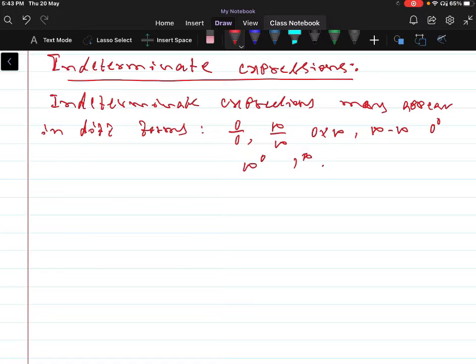So these are the different indeterminate expressions.